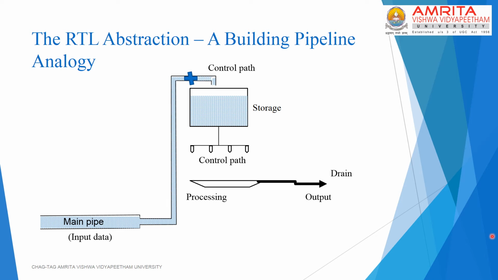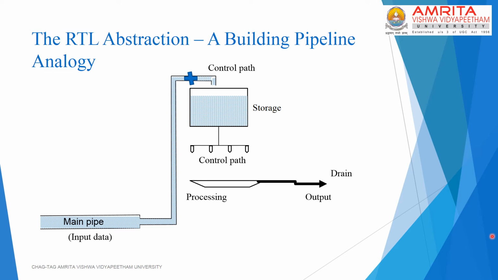So the monitoring of the water quality is somewhat analogous to the monitoring of status of data in the digital system. The status of data may be in the form of overflow, or maybe in the form of a divide by zero operation.